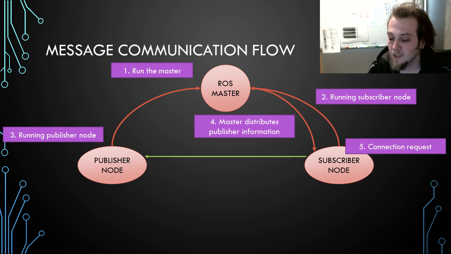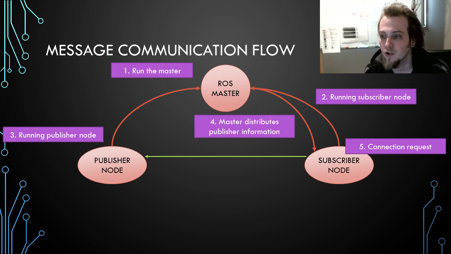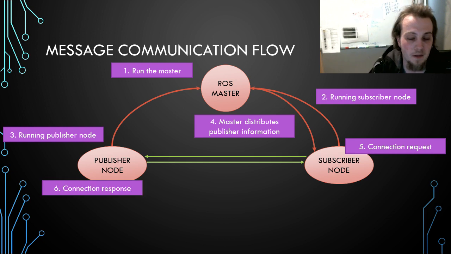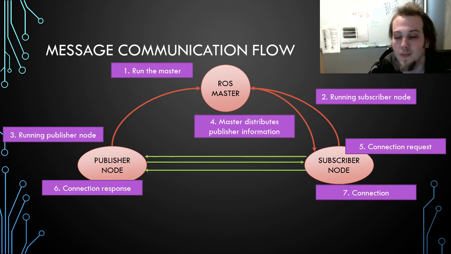Now that this subscriber has information about this publisher node and knows it exists, it can send a connection request to the publisher node. From here, the publisher node can send a connection response to acknowledge, and then there is a connection between them.